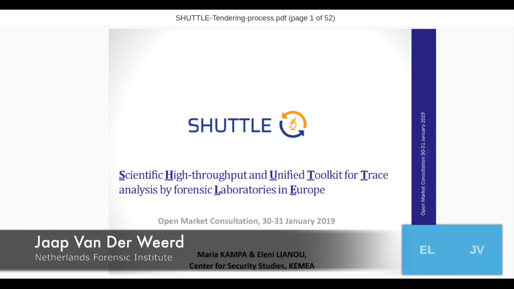Just to note that since we are a Horizon 2020 co-funded project, we have to follow and respect the rules as set by Horizon 2020. At this stage today, we don't have any guidance on that from Horizon 2020, let's say the managing authorities, the European Commission, for example.